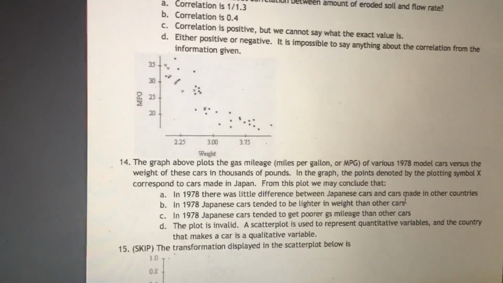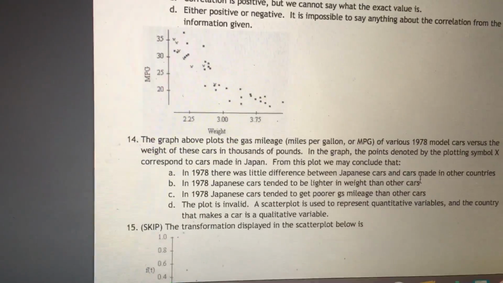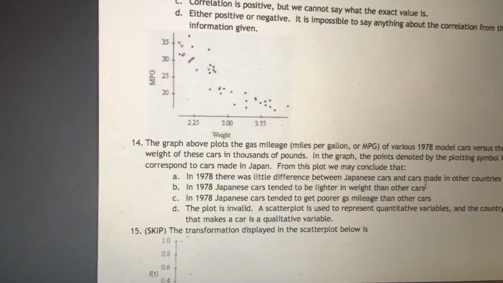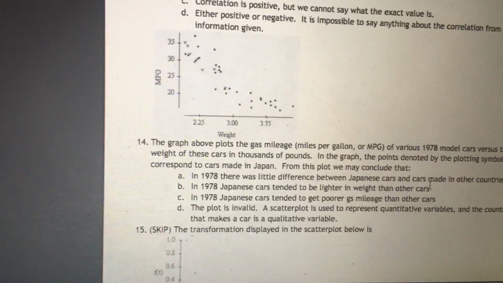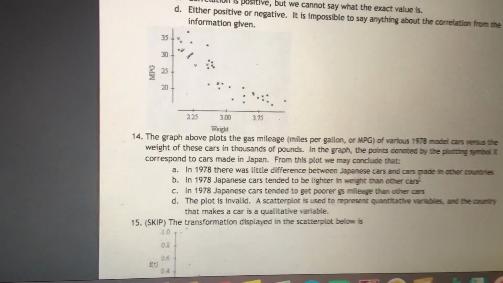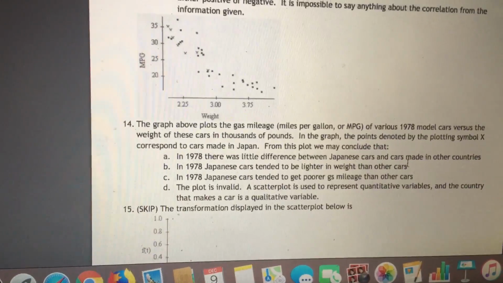So for the most part, this is correct because most of the points here take the same or similar linear shape. But there are a few differences, so that one might be correct, but we'll check back.